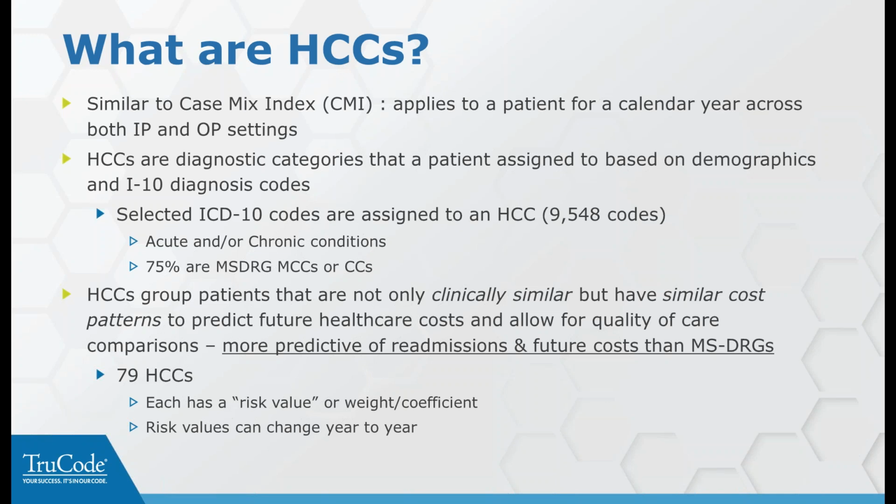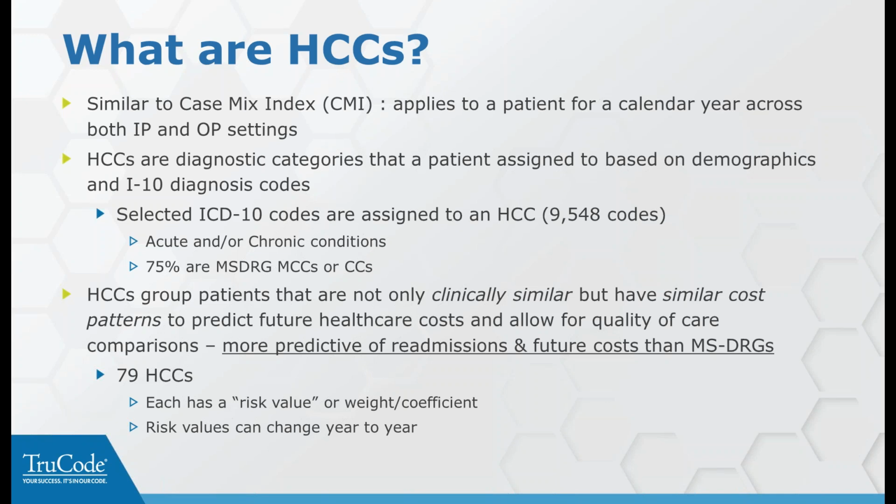There are about 9,500 I-10 codes that are assigned to an HCC currently. That includes both acute and chronic conditions, and 75% of those 9,500 codes are on the CC and MCC list for the MS-DRGs as well.